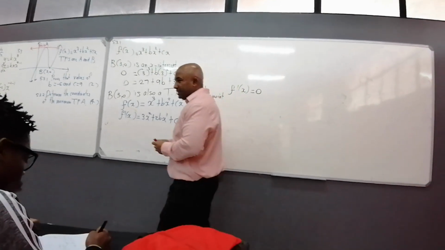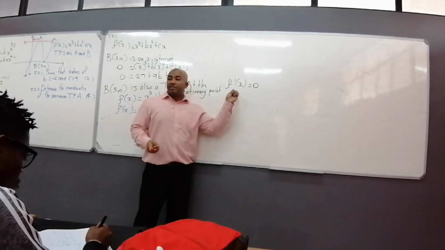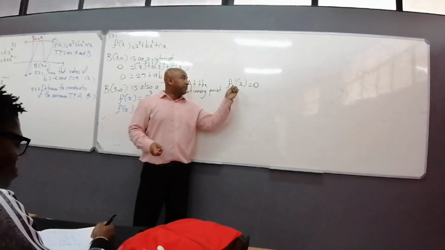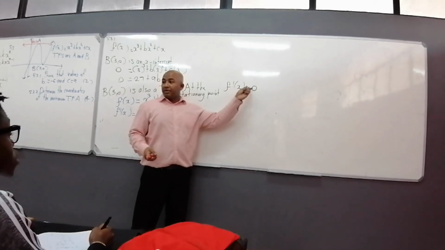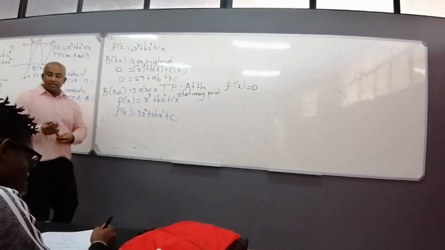Now, we have to know our theory here because we need to use this information. What is f prime x equal to? That means I can replace f prime x with 0.